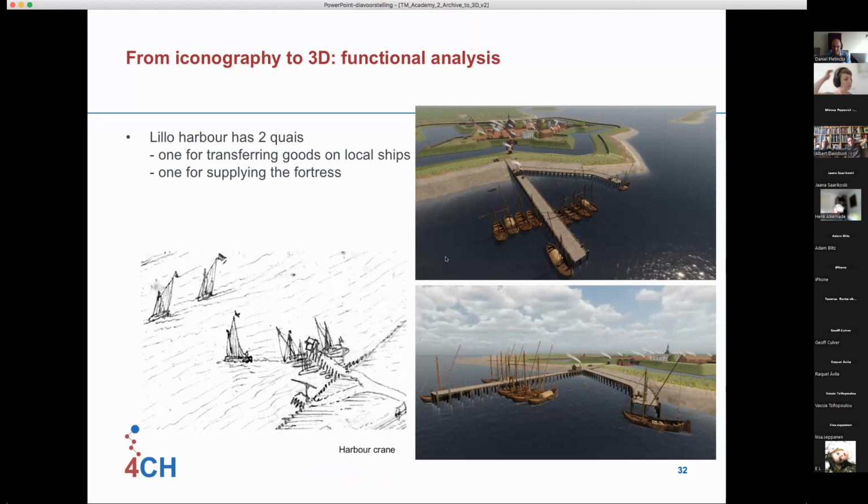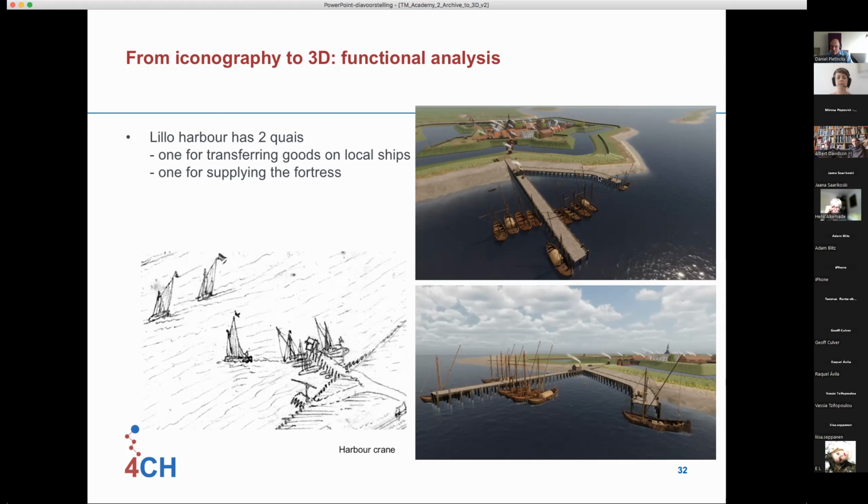One is local ships that come along and transfer their goods onto a local ship, and this local ship continues. And in the process of that, they have to pay tax. That was the main reason for the existence of Lillo, acquiring taxes, because you were crossing, in fact, the border between the Netherlands and, let's say, today, Belgium. So there was the tax on the border that you had to pay.